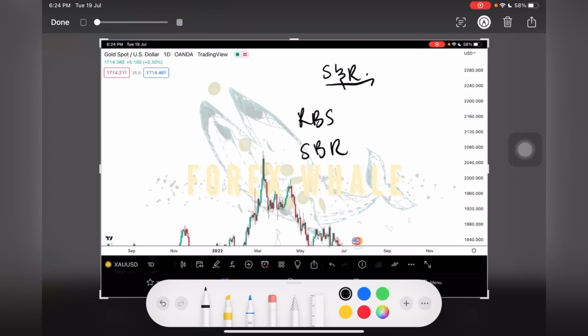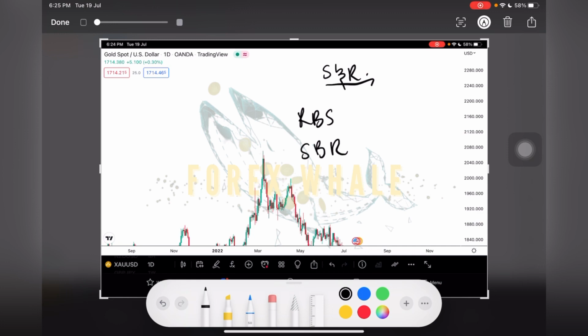But because we have no control over the market, price could break through your resistance or your sell zone at any time, and also it can break through your support level where you were looking for a buy, because we do not control the market move, we can only control our risk.